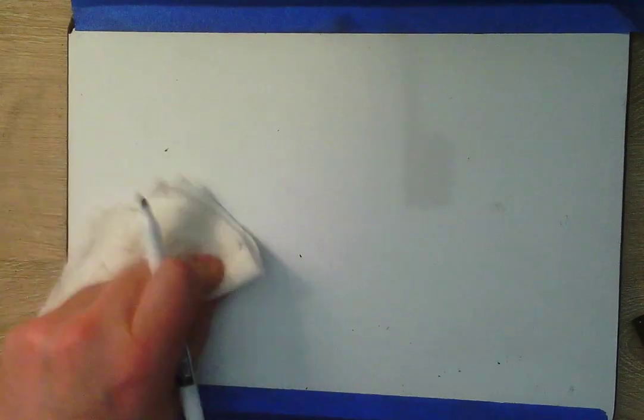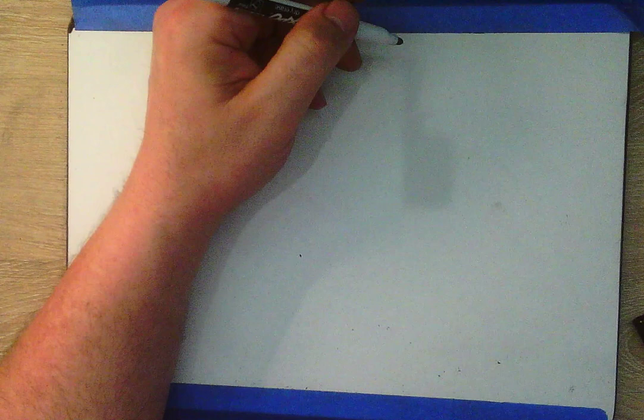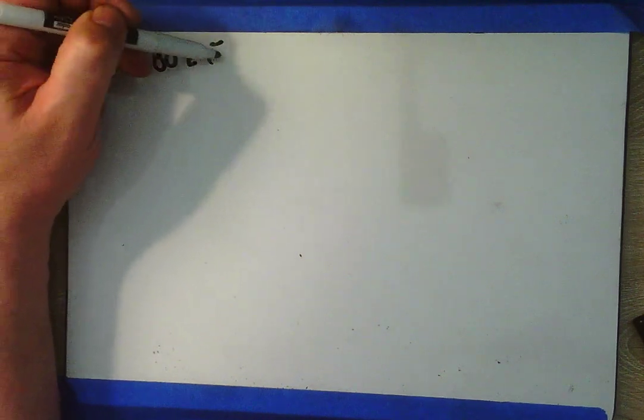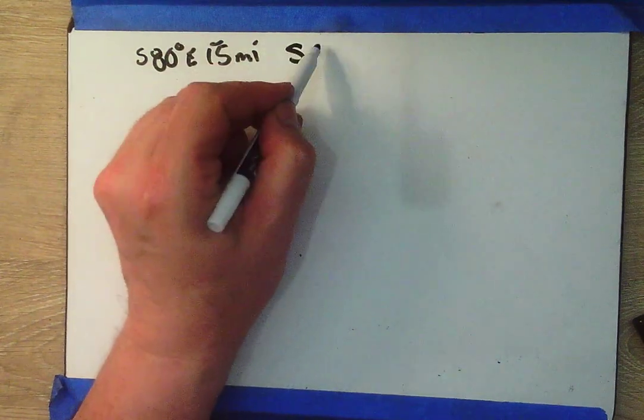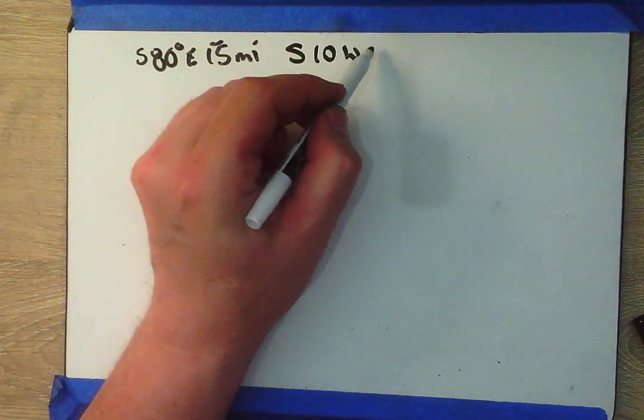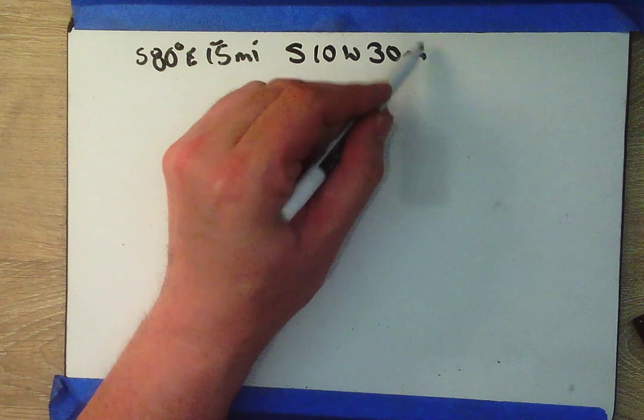Okay, now let's take a look at this nightmare vision. So we want to consider south 80 degrees east, 15 miles, and then south 10 degrees west for 30 miles.